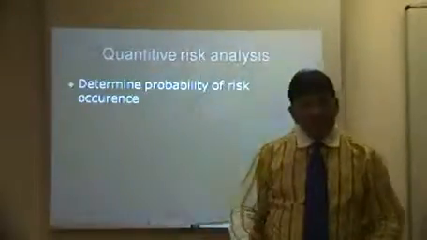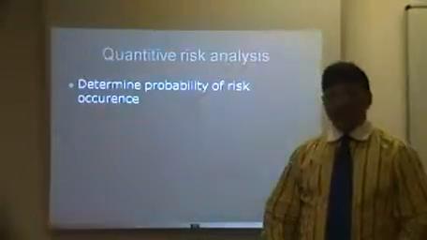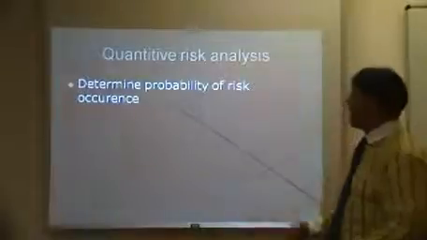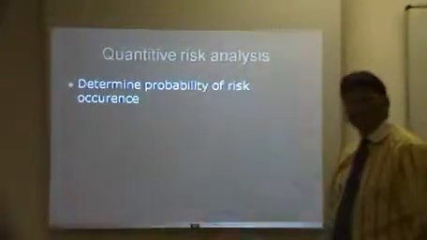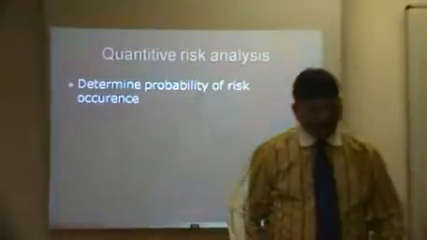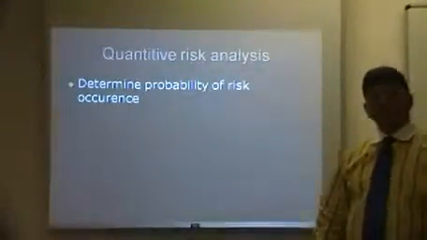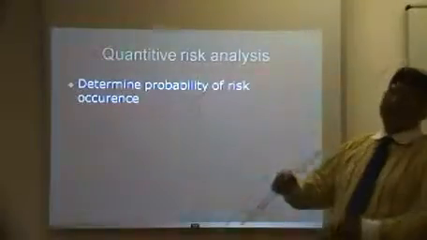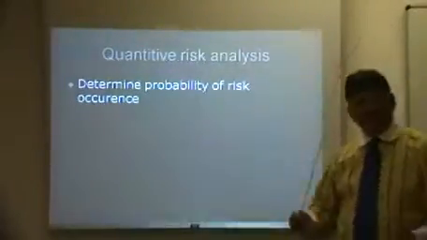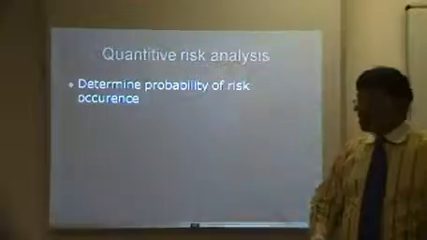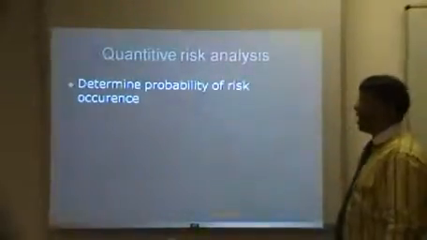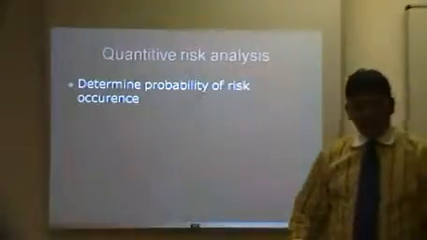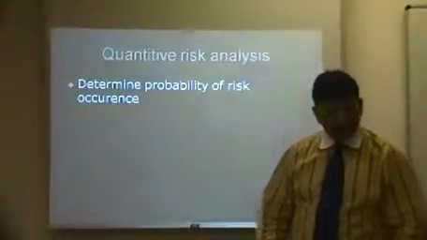A 20% probability? A 30% or a 90% probability? And obviously, when you do a quantitative risk analysis, if the probability of a high impact occurrence is high, then you have major problems on your project. If the occurrence is high, you're going to have to look at how you're going to manage it when it occurs.